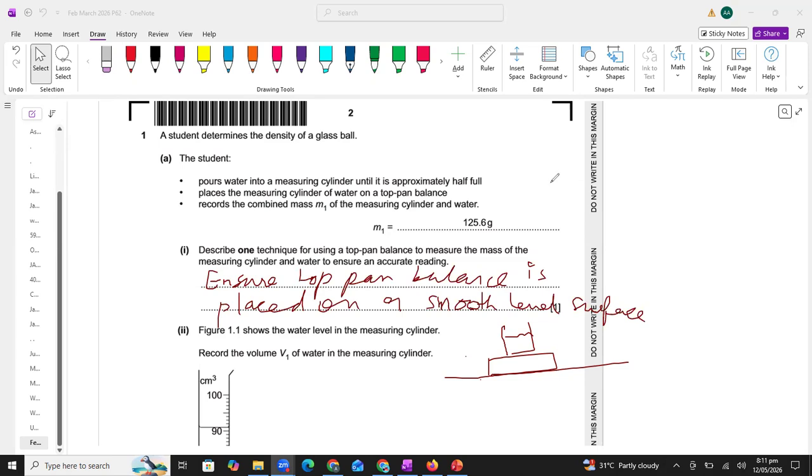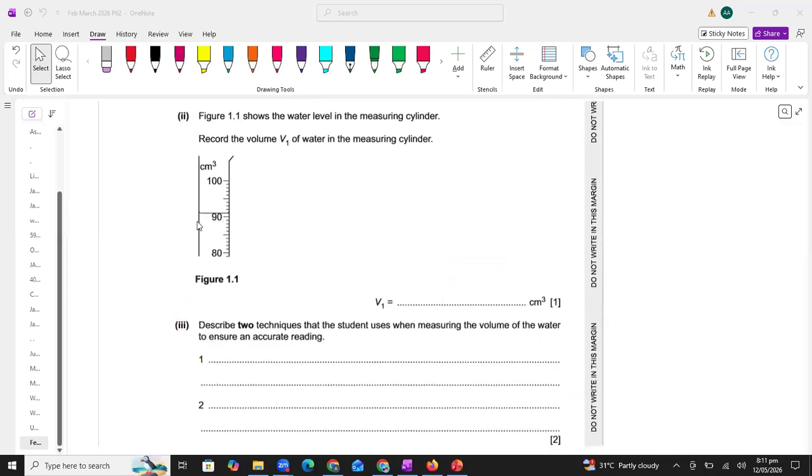Now you can see in the next part 3. They are saying figure 1.1 shows the water level in the measuring cylinder. Record the volume V1 of water in the measuring cylinder. So the diagram is given. This is the water level of the measuring cylinder.